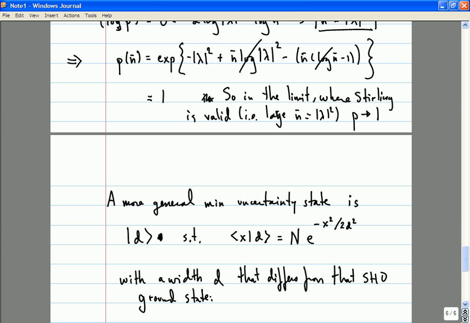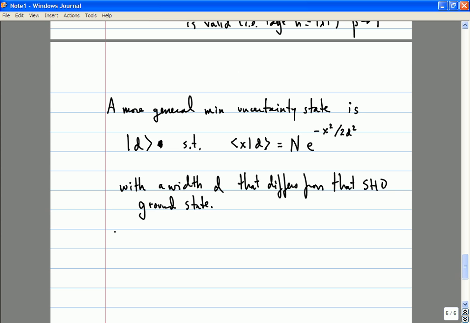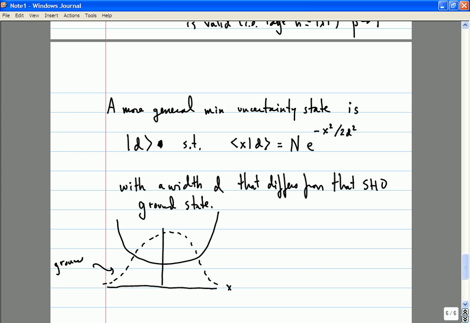So if you wanted to draw a picture of what this state looks like, so if you were to plot the wave function of this state, so if here is the harmonic oscillator potential, then drawn as a function of x, then your ground state might look something like that dashed line. But the state D could look something like that solid line.